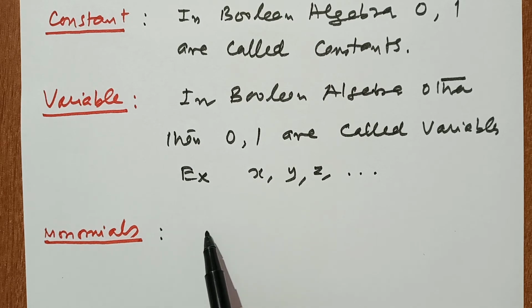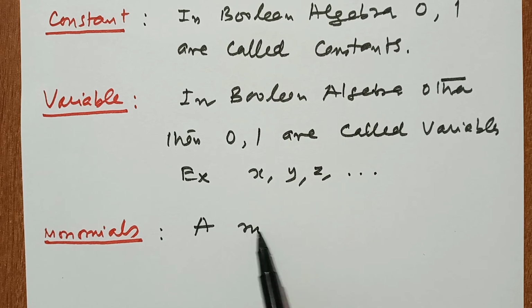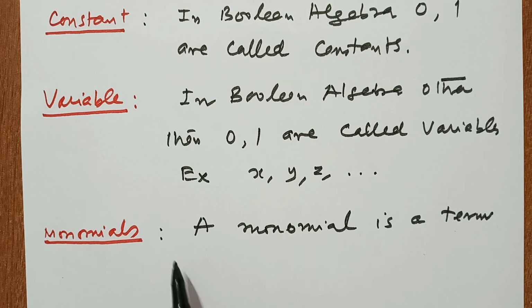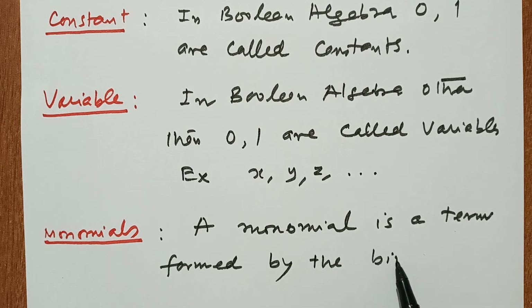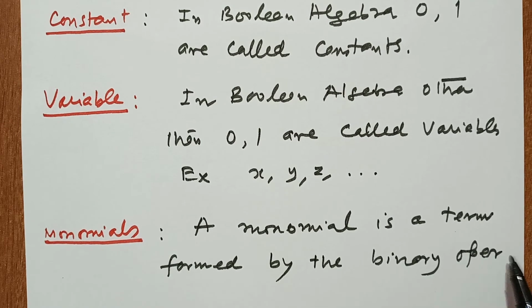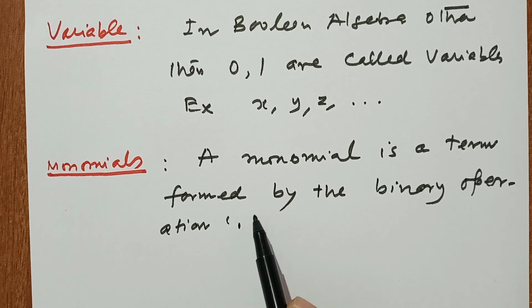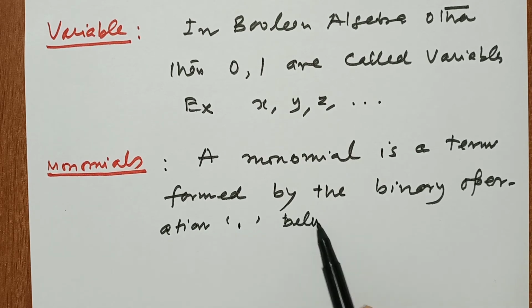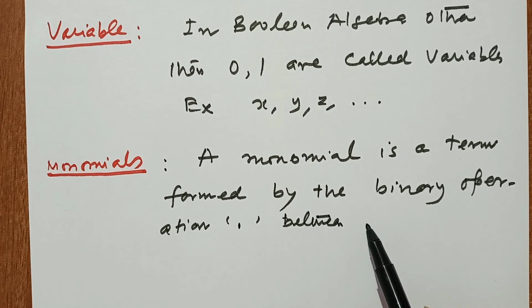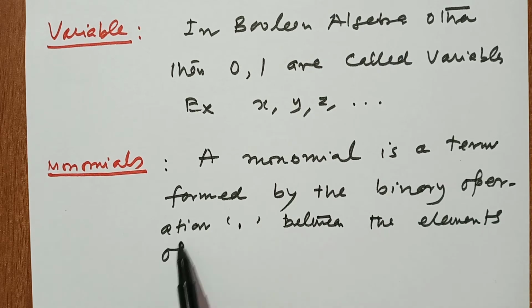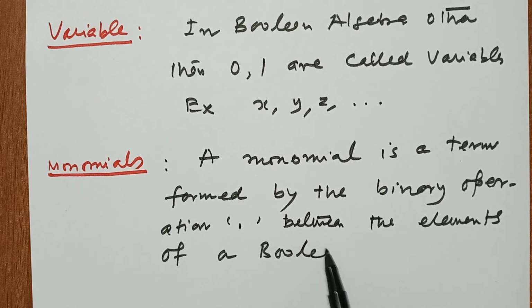The definition: a monomial is a term formed by the binary operation dot between the elements of a Boolean algebra.